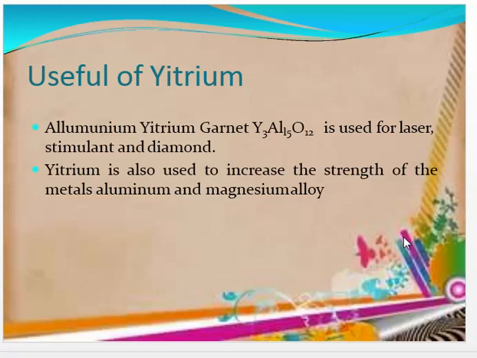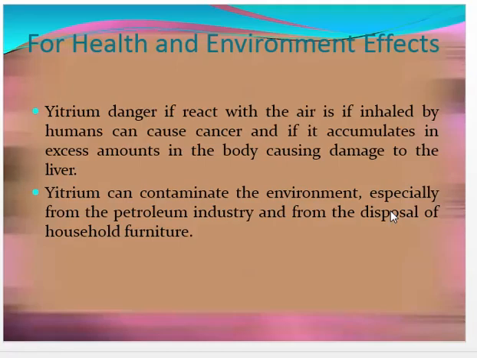Where can we use yttrium? Now we will speak a little about the applications of yttrium. Yttrium aluminium garnet, Y3Al5O12, is used for lasers, simulants and diamond. Yttrium is also used to increase the strength of aluminium and magnesium alloys.